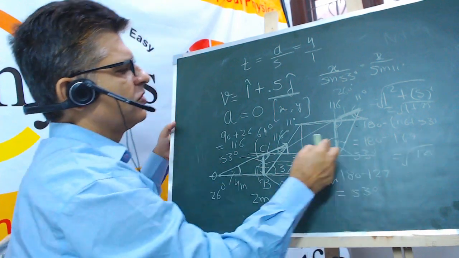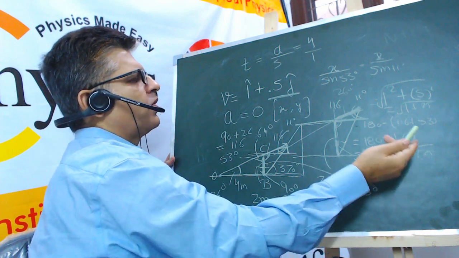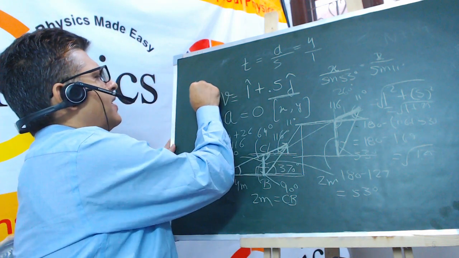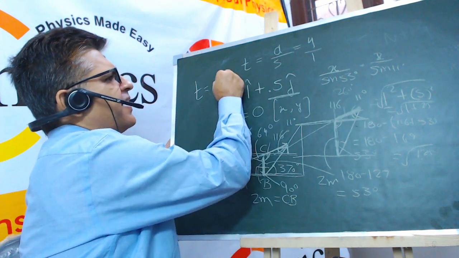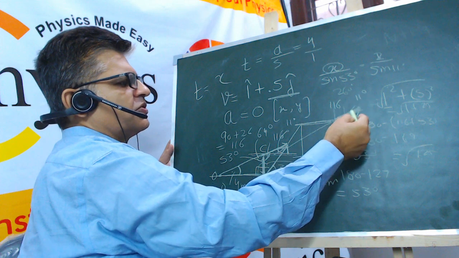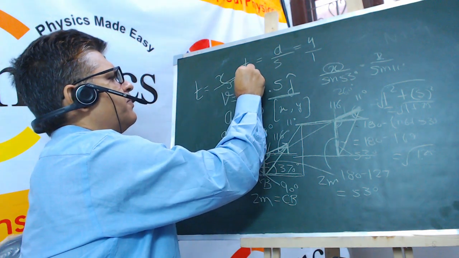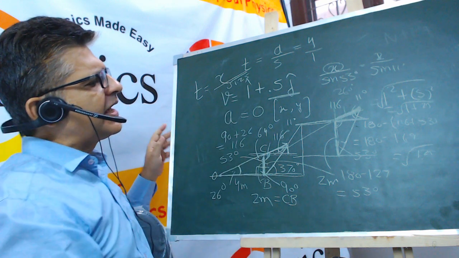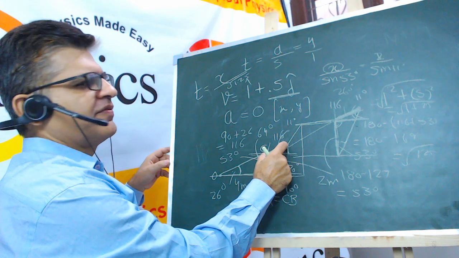So this is the speed, square root of 1.25. So time again comes out to be the distance which you've calculated, which is x, found using the sine law of trigonometry, divided by the square root of 1.25. So the total time you will take essentially is 4 seconds plus the time taken to travel this distance.